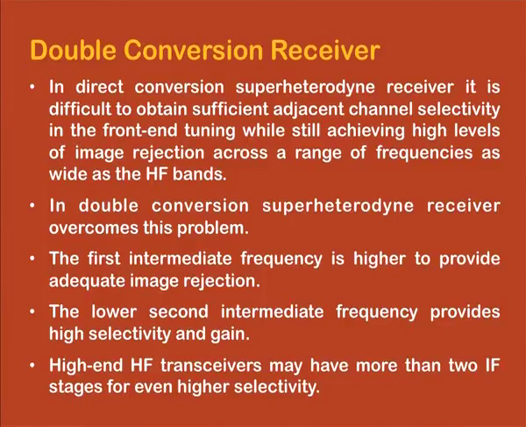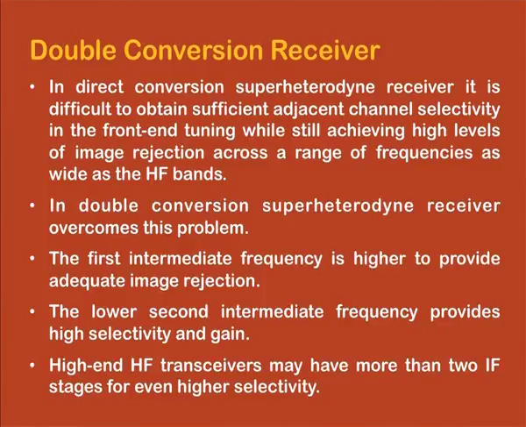So, in a double conversion superheterodyne receiver, we typically choose a first IF frequency which is higher, because the higher the intermediate frequency is, the further the image frequency will be from the desired carrier, and it will lead to better image rejection. And the second intermediate frequency is chosen to be a low value, so it will allow us to have better selectivity of the stage and also higher gain.